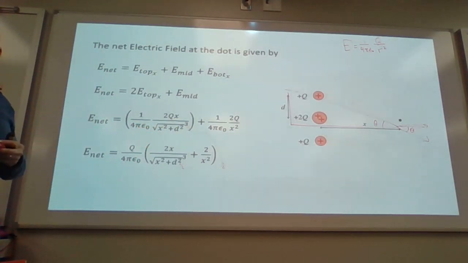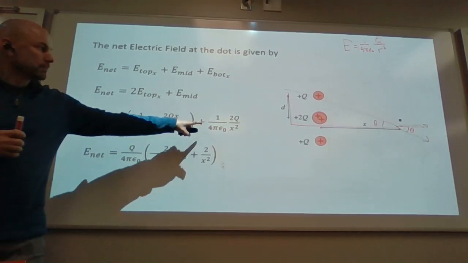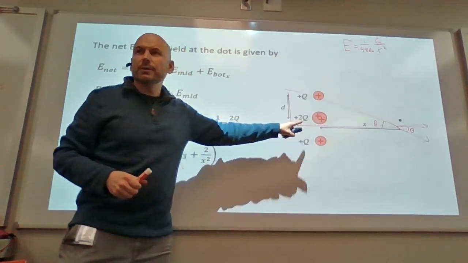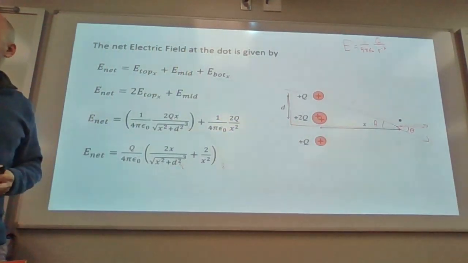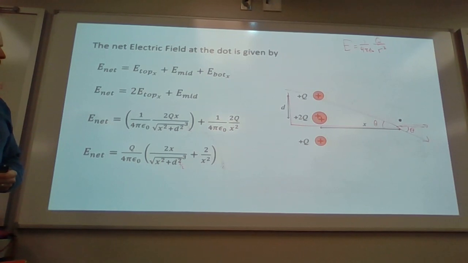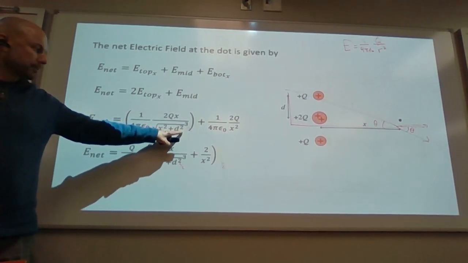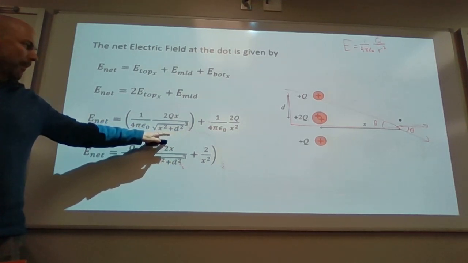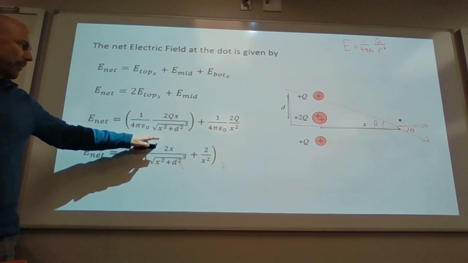Wait, but wouldn't you be adding another 2 added to it? Why wouldn't you add? There's twice the charge. Is that what you're asking about? No, because I'm having trouble with the 3/2. Because it feels like there should be the square root of x squared plus d squared from the top one and from the bottom one.